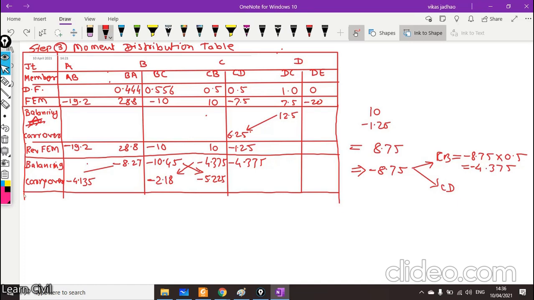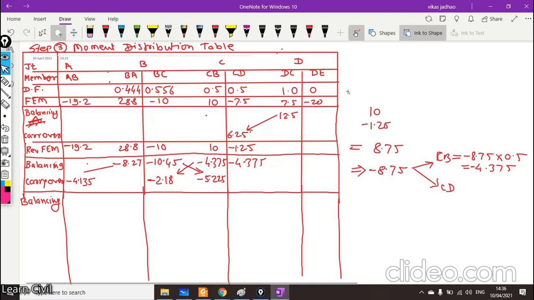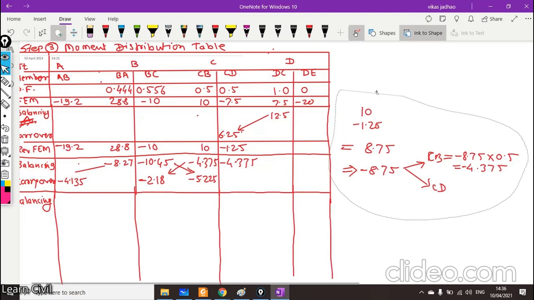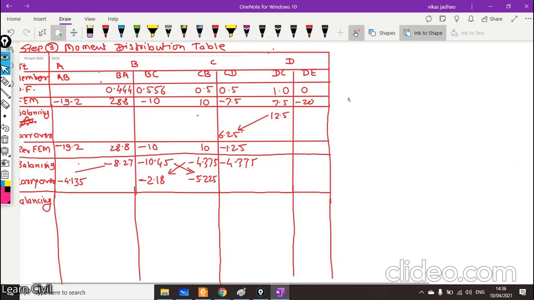Okay, so we have to again do the balancing of these joints. So for balancing, here the unbalanced moment at this joint B, that is minus 2.18, so we'll be applying a balancing moment of plus 2.18 and it will be shared by BA and BC.